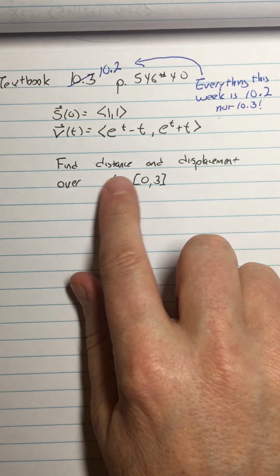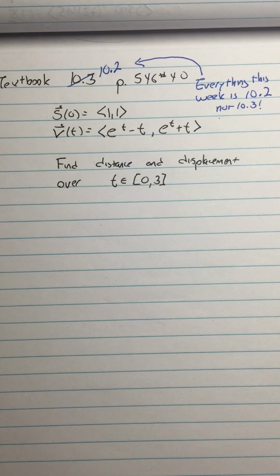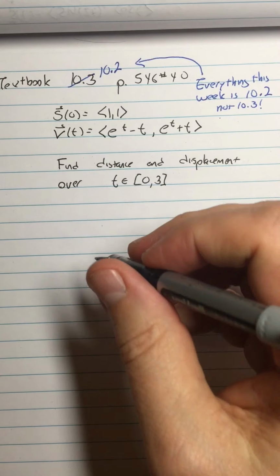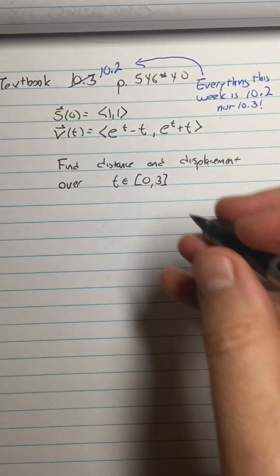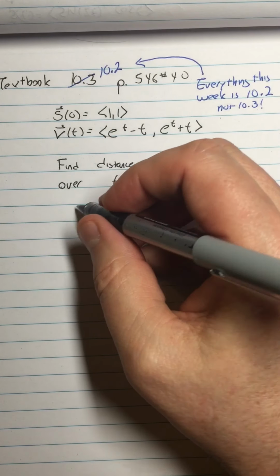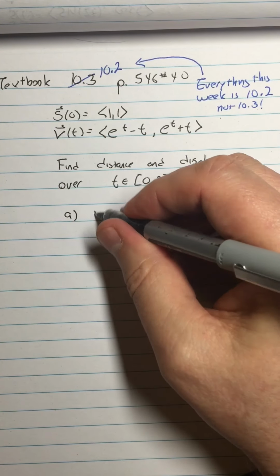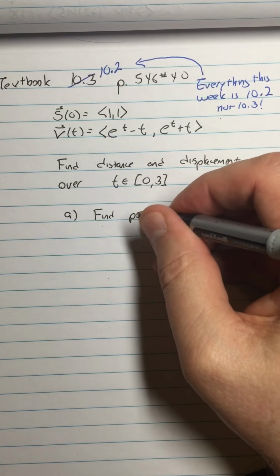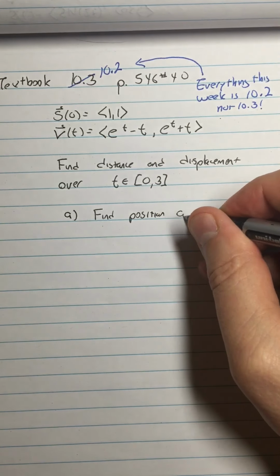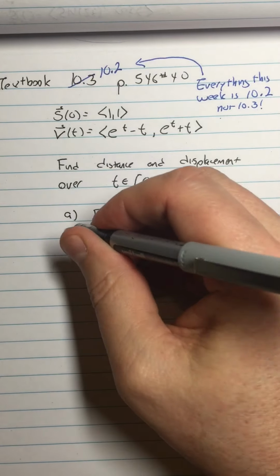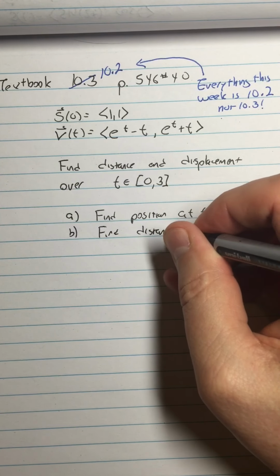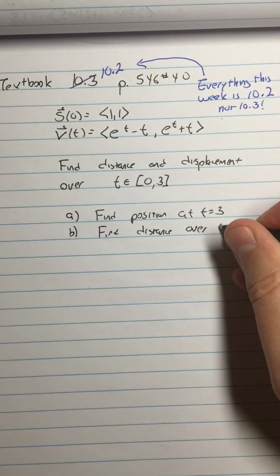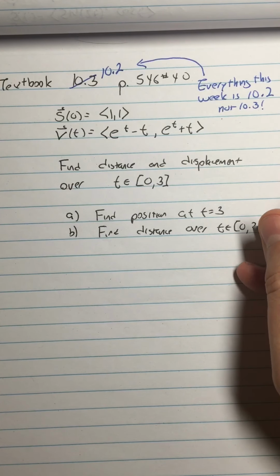Okay, so I put displacement and distance over t equals 0, 3, but actually for part A, it says find the position at t equals 3, and part B says find the distance over t from 0 to 3.